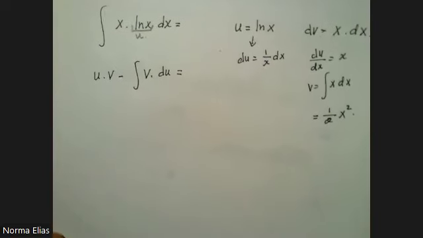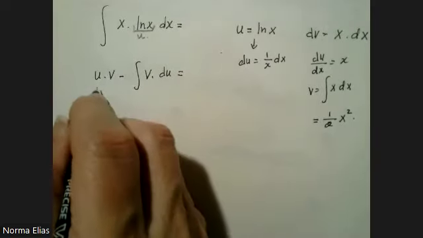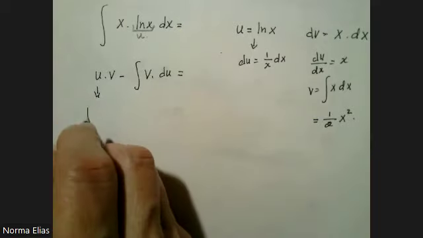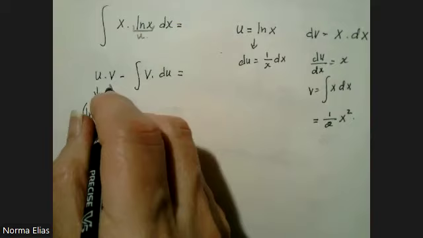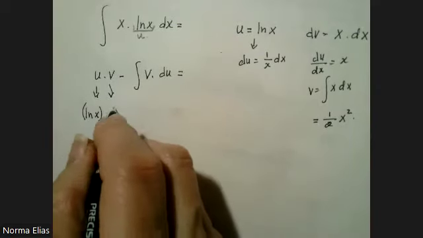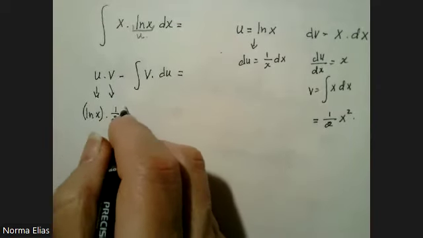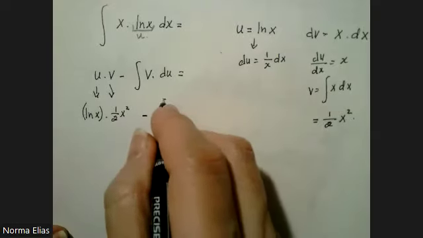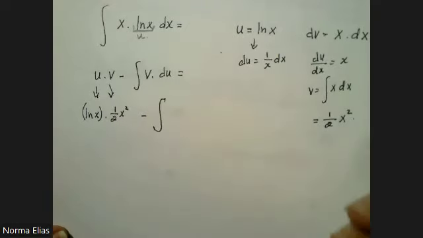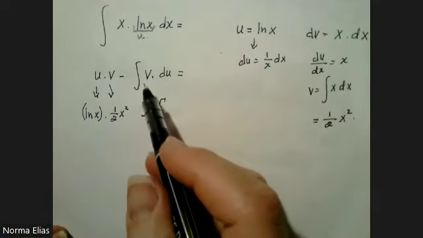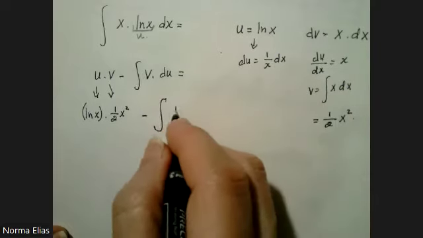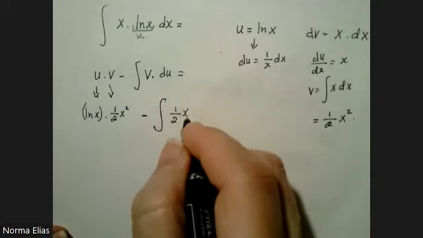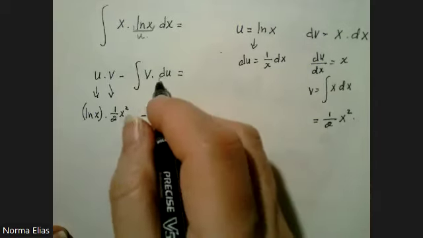And now we substitute verbatim. u is the ln. v is 1/2 x squared minus. So uv is never a problem once I can evaluate everything. Minus the integral of v. Now what is my v? My v is 1/2 x squared times the du.